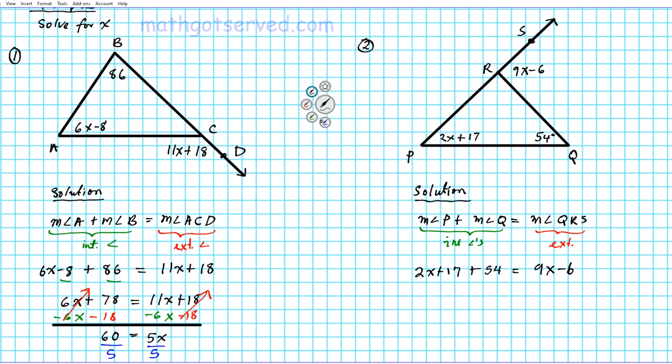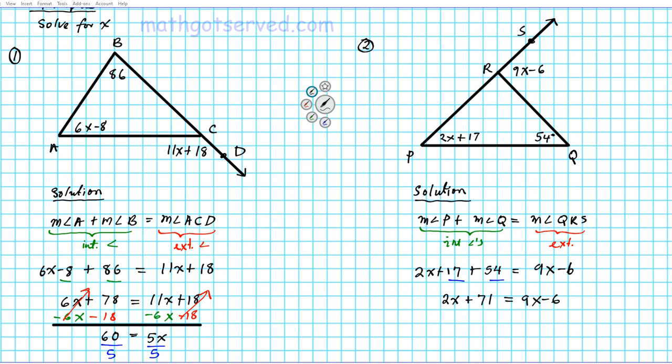Okay, so let's combine like terms. On the left side, we're going to be combining 17 and 54. So we have 2x plus 71 equals 9x minus 6.